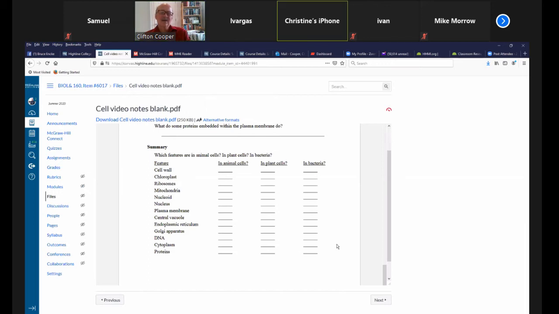Animal cells? Eukaryotic cells in general. Those are part of the general complexity that goes in with eukaryotic cells. Otherwise, DNA, cytoplasm, and proteins, everyone has those. So that gets us through generally the scope of what's in cells.